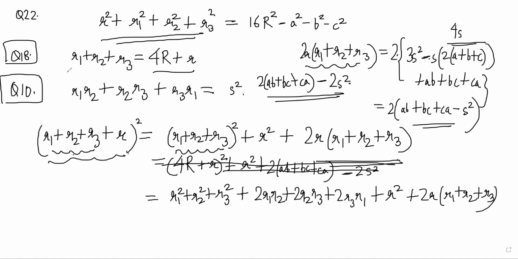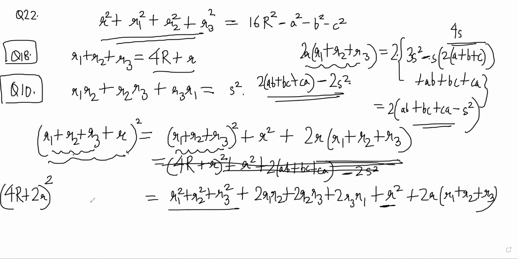We can write this as 4R plus r whole square, and we say these three terms and this term we keep here, and everything else we bring to this side, right?